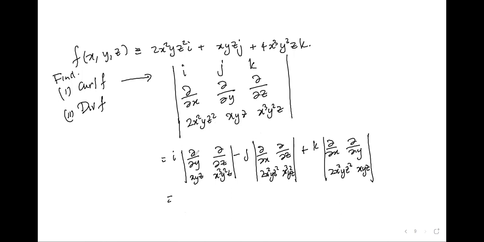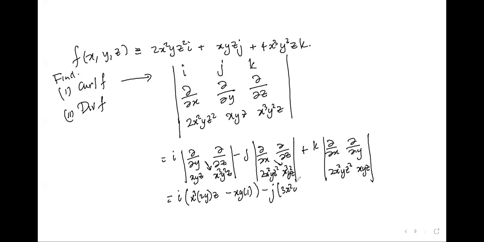All right, so we are going to differentiate this term here with respect to y and leave the others alone. We differentiate y, we get 2y, so this is x cubed 2yz, minus, where we differentiate the z it is going to be xy, and that is minus j, differentiated with respect to x.